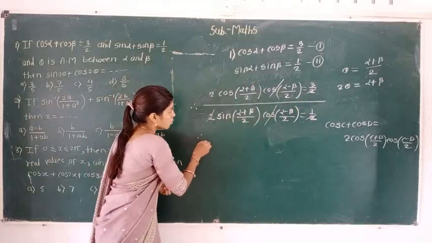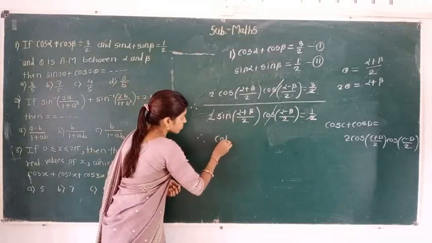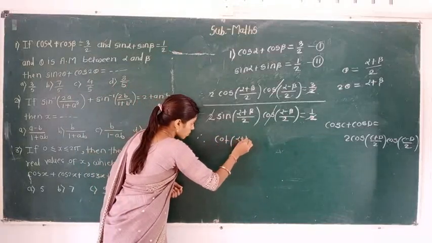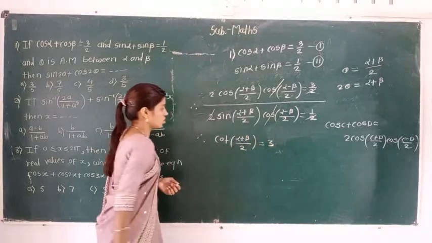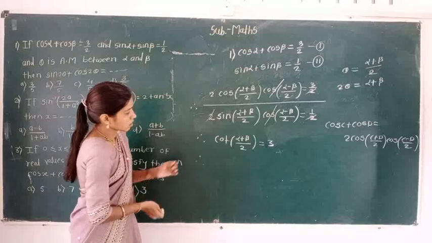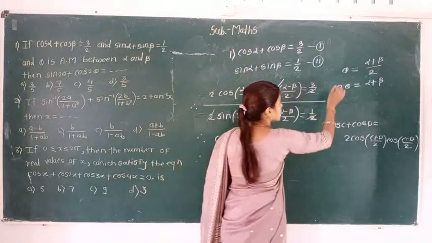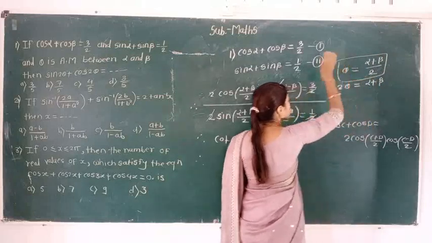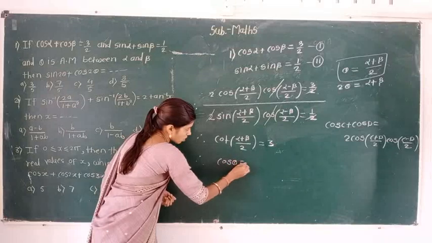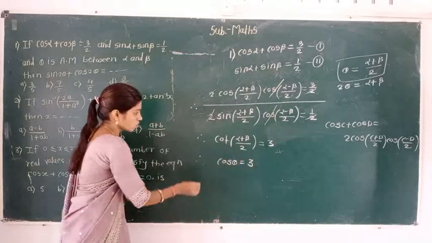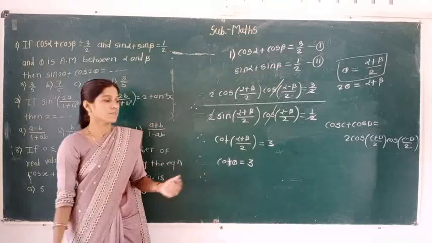We know that the ratio of cos by sin is cot, so cot of (alpha plus beta) divided by 2 is equal to 3. The value of (alpha plus beta) by 2 is theta, so cot theta is 3.